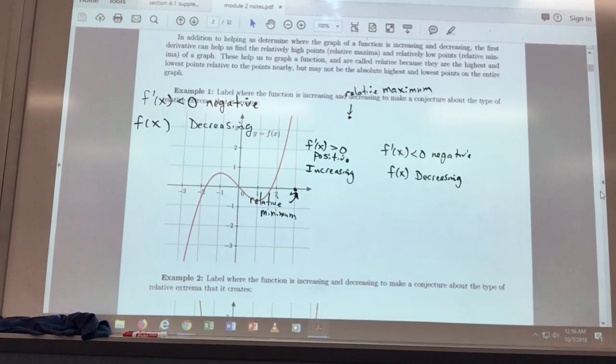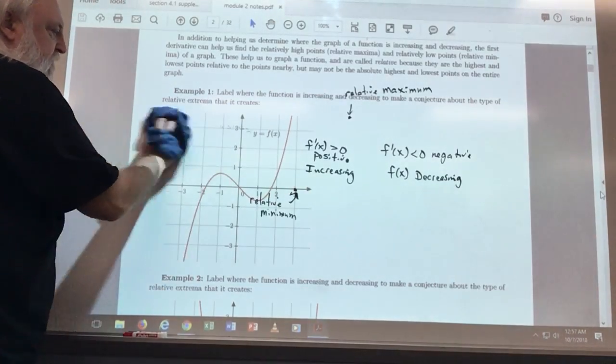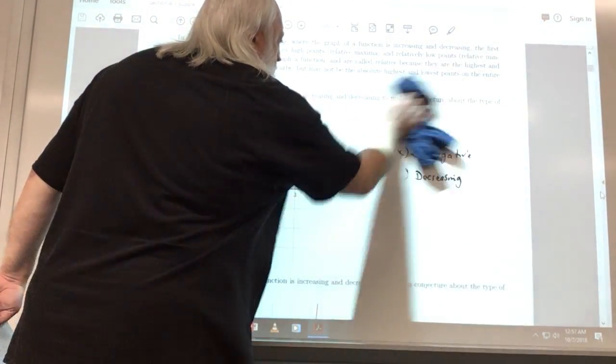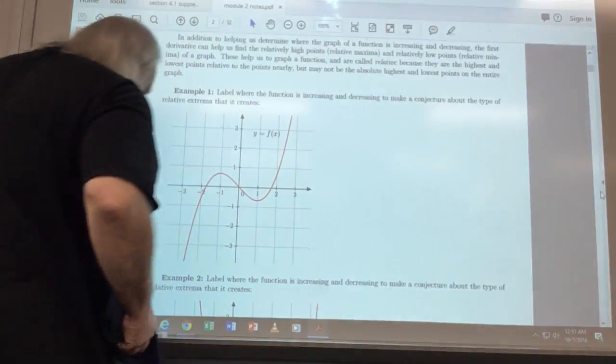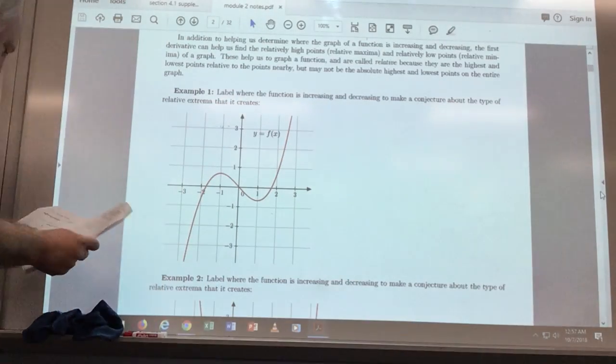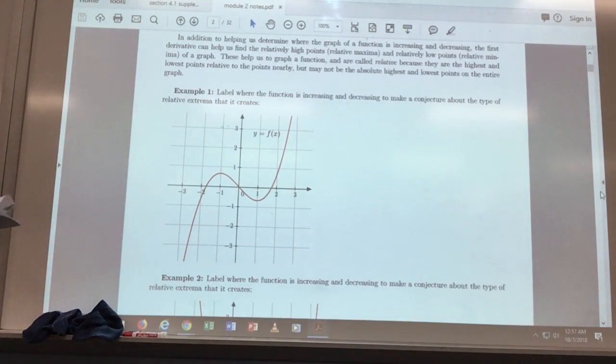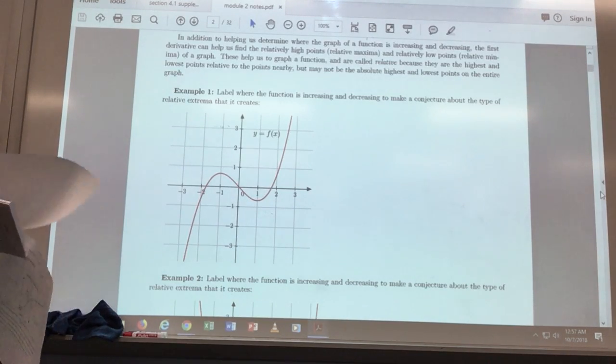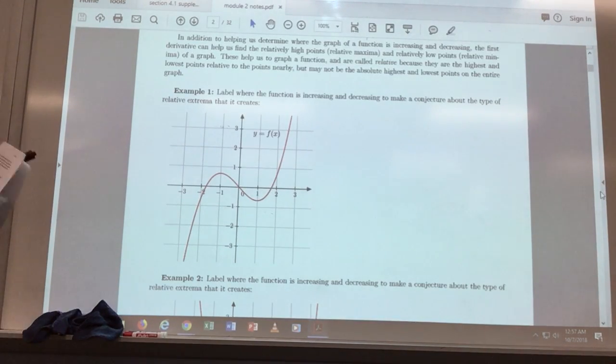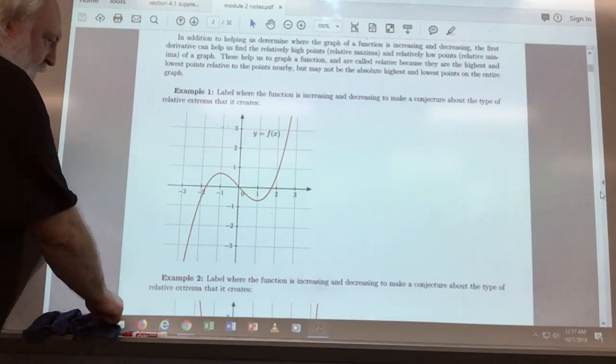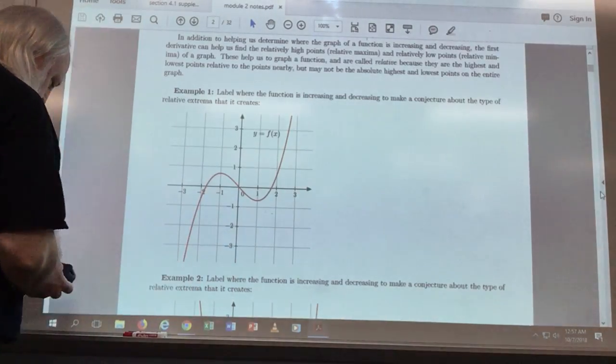And so you're given two graphs on page 36. And we're going to do the same thing with these graphs that we did with the supplemental handout. So again, this is a graph of a polynomial.